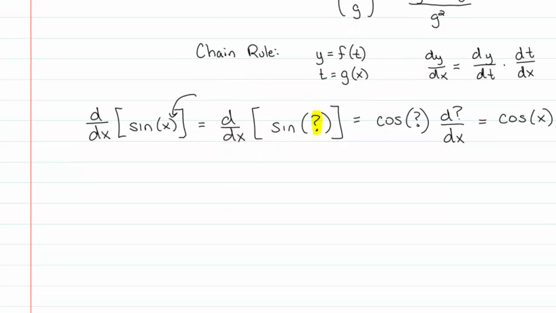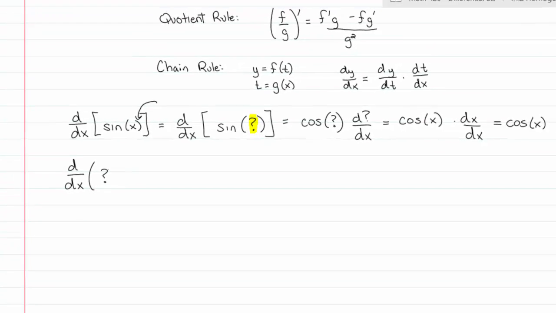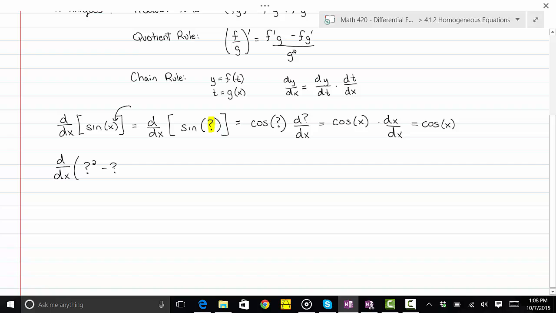You can do this all day long with any function you want to take the derivative of. The derivative with respect to x of, let's say, something squared minus something to the first plus 3.